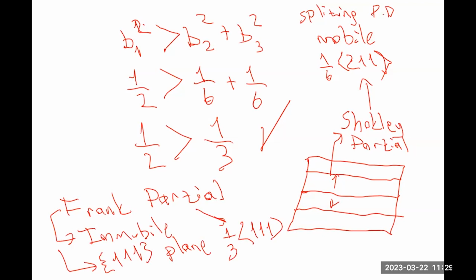So the question is, all right, we have Shockley partials. An edge dislocation goes into the Shockley partials. What is next? What can happen next? These dislocations are coming here. Then we have another plane, right?